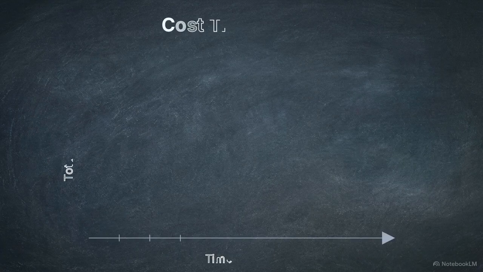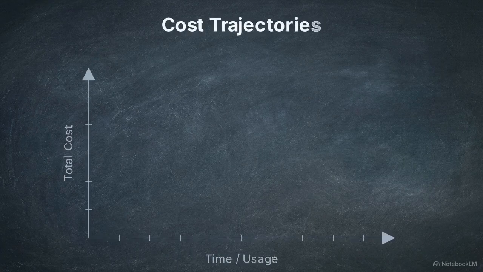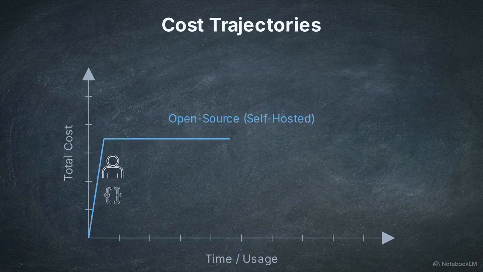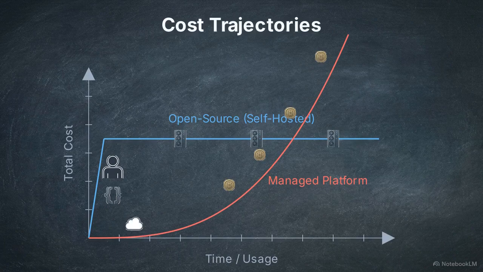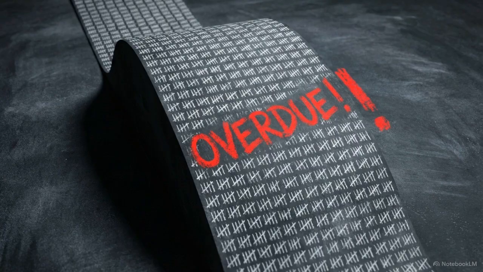This line graph plots the diverging long-term financial trajectories of these approaches. Self-hosted open-source infrastructure requires upfront engineering time, but maintains a flat rate. Managed platforms scale exponentially, compounding usage-based service fees with every single action your agent takes. Paying for a managed ADK offloads the friction of initial deployment, but traps the project in a perpetual proprietary billing cycle.